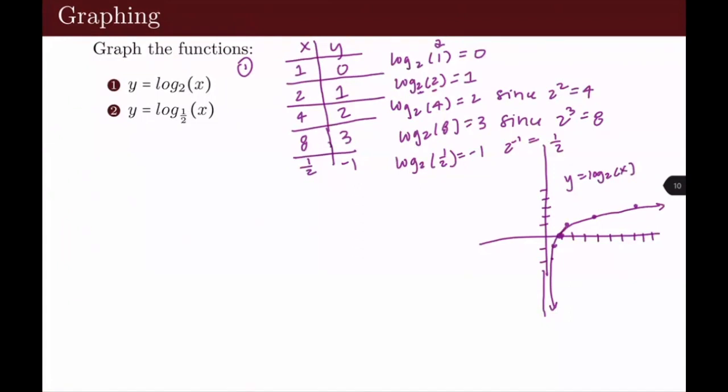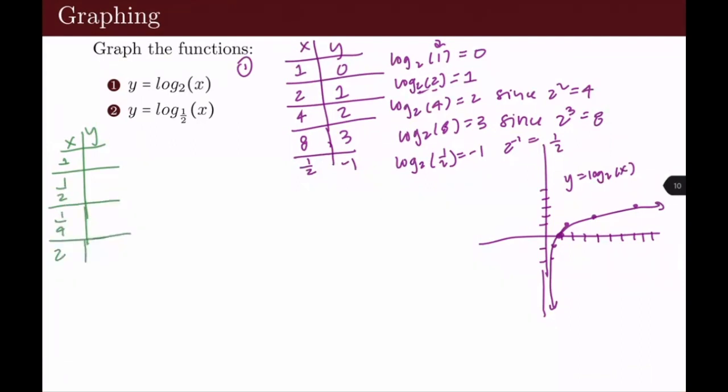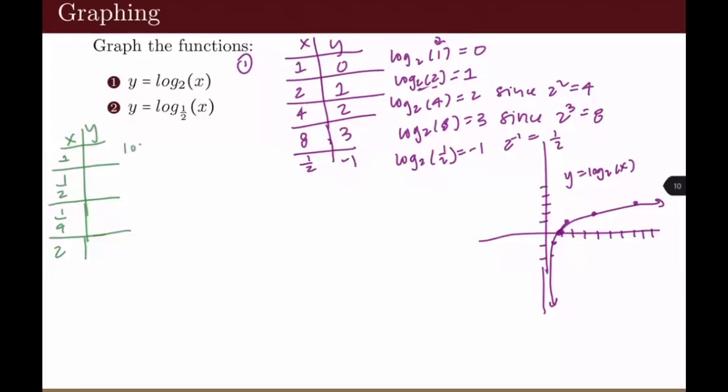All right, let's do number 2. So again, we'll need x's, we'll need y's. So let's see, let's pick for a half. We'll probably want to pick 1, a half, let's do a fourth, and 2. So remember, anything that has 1 inside the log is always 0.